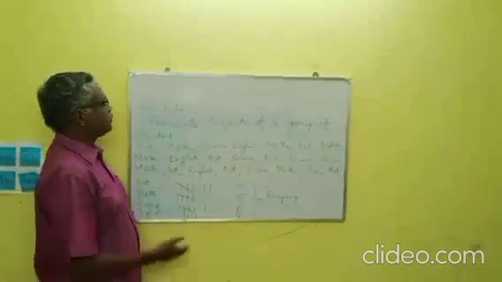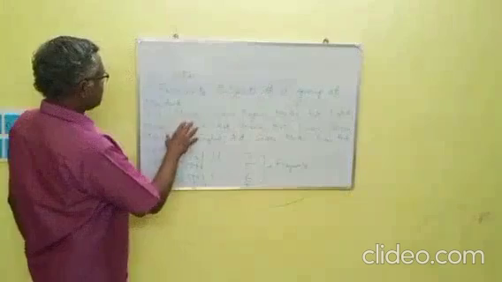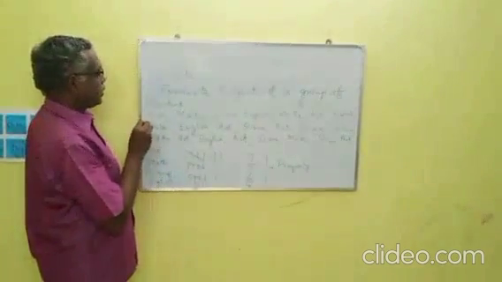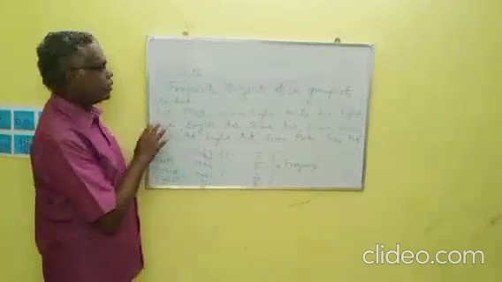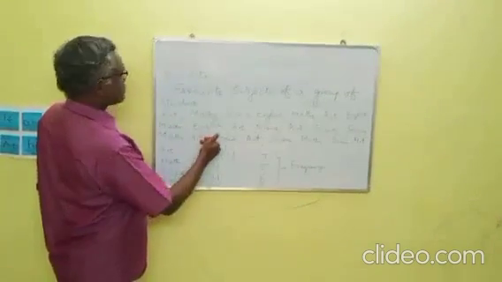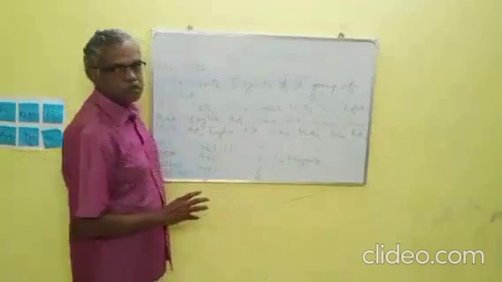Now let us consider the favorite subjects of a group of students. The data collected here is called raw data. Raw data means we cannot infer any decision from it as such. We have to organize the data so that we can infer useful conclusions.